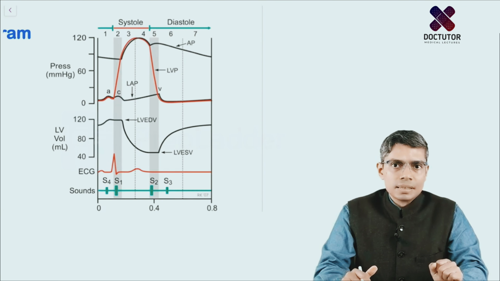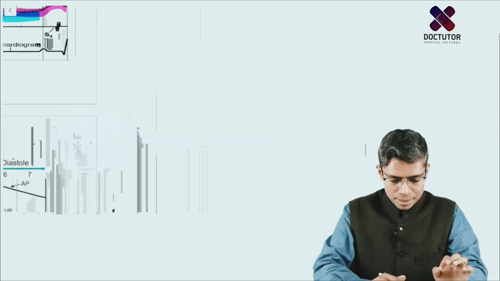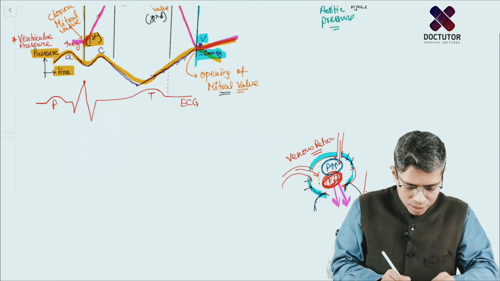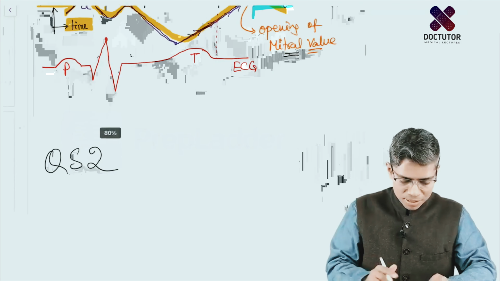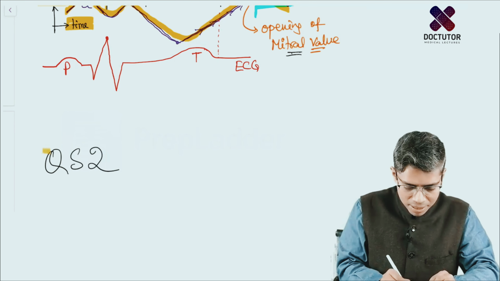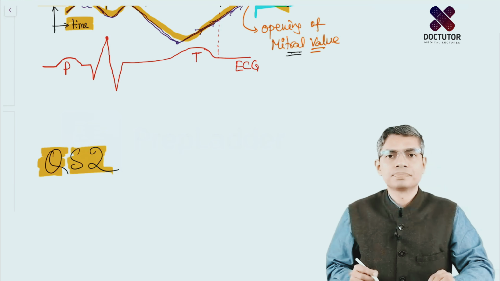Now in this Wiggers' diagram, one thing I have to understand, that is QS2. So I'll go back to my diagram. So what I'm saying, QS2. So Q is the Q wave and S2 is the second heart sound. That is the simple meaning. Q is the Q wave in the ECG and S2 is the second heart sound.